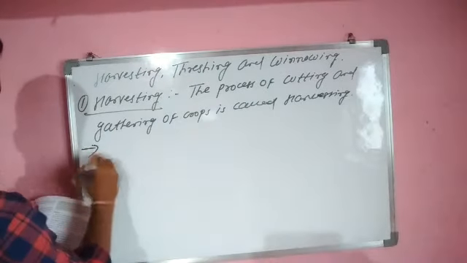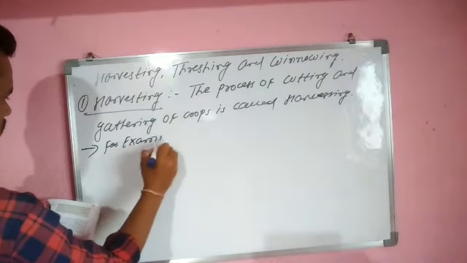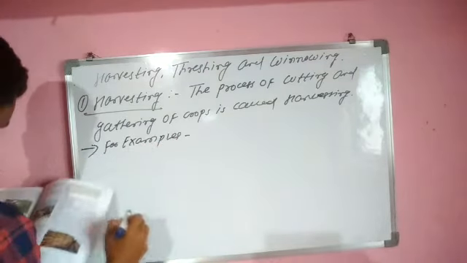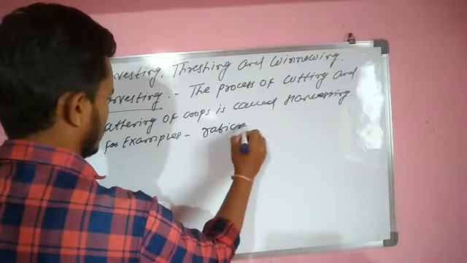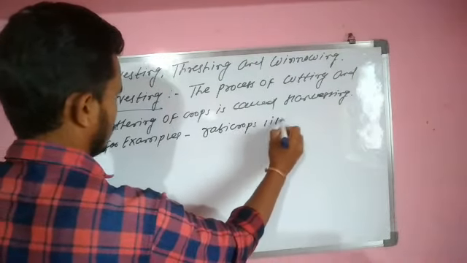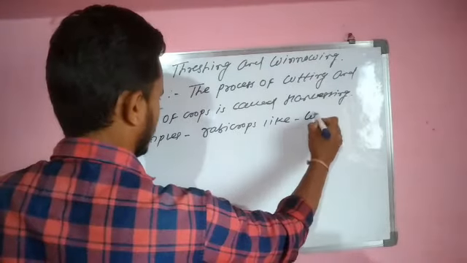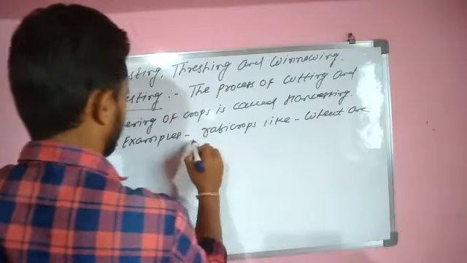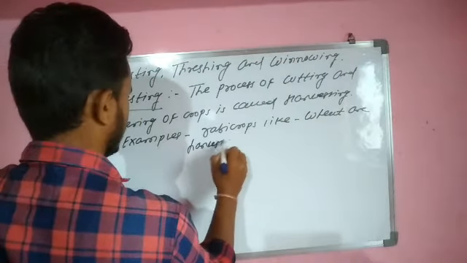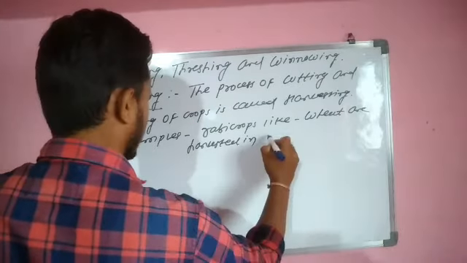For example, rabi crops like wheat are harvested in March, April.